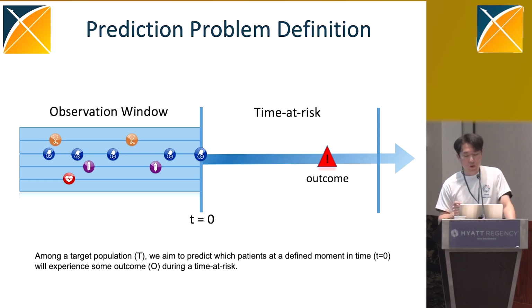When we want to make a prediction, it really helps to define the problem in a structured way. OHDSI likes to use a simple framework to define any prediction question: among a target population, which we always call T, we aim to predict which patients, at a defined moment in time, will experience some outcome during the time at risk.